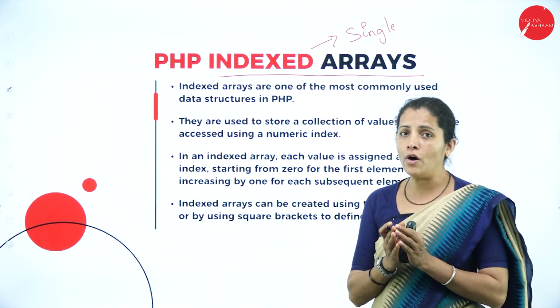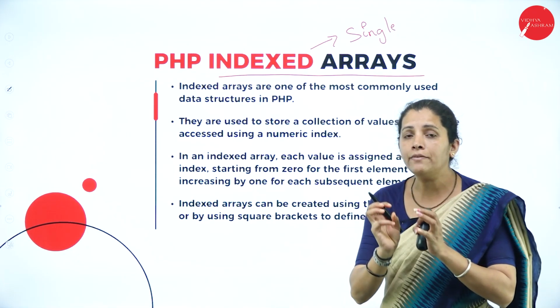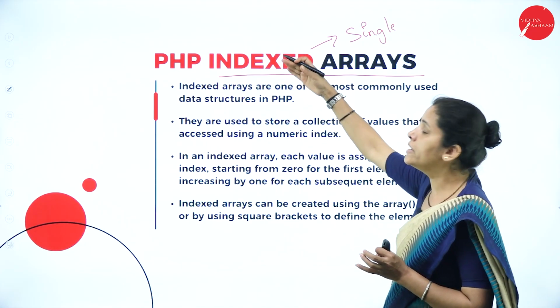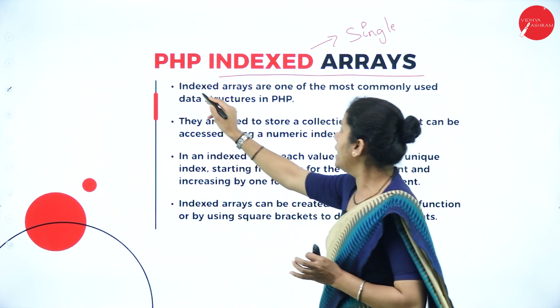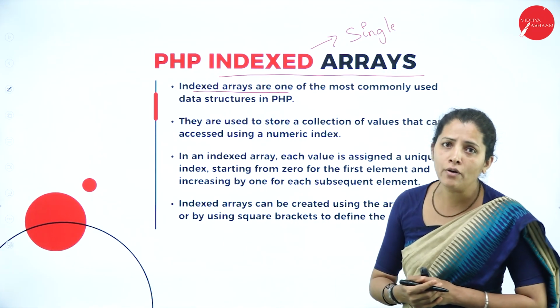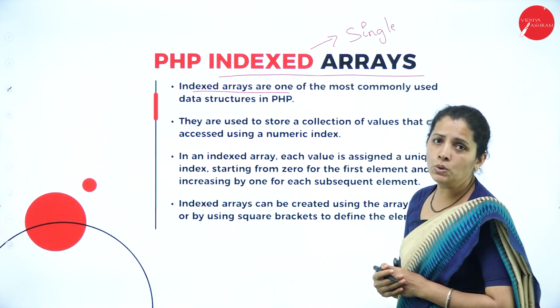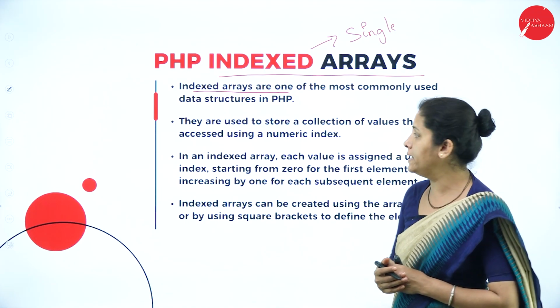It's a collection of elements, and each element is identified by the index. That is itself why it is called by the name indexed array. So, indexed array is one of the most common data structures used in PHP to store collection of elements.